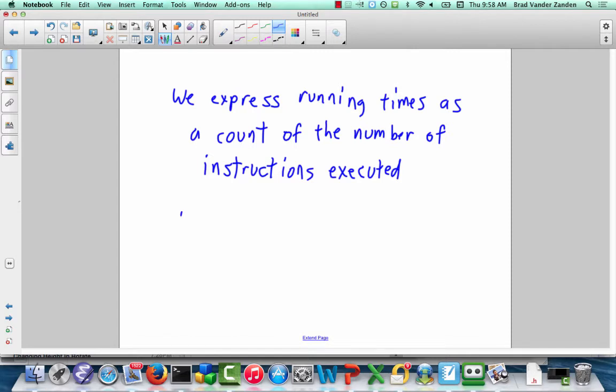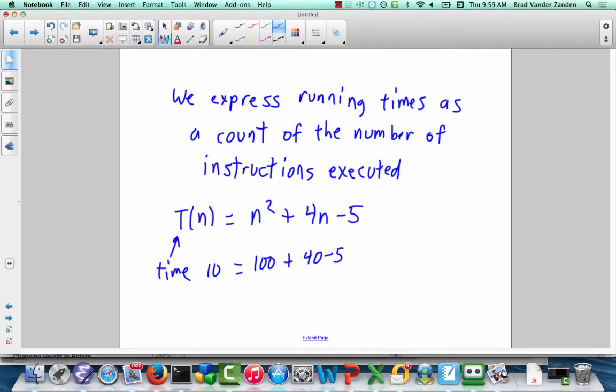So if I say T of n, T of n refers to time, the time to process n input items, I might say n squared plus 4n minus 5. What I'm saying is that if n is 10, I expect to execute 100 plus 40 minus 5, or 135 instructions.